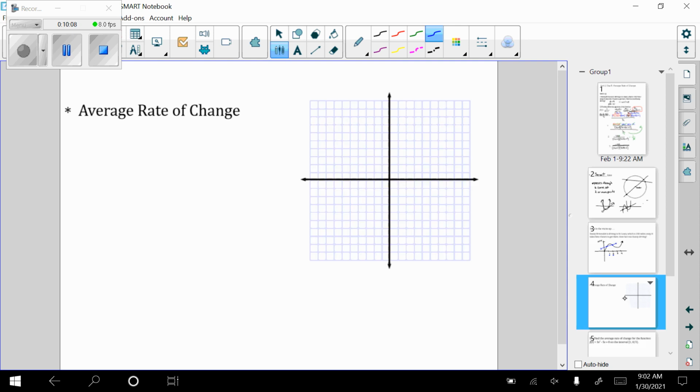If we put that on a graph, the average rate of change is basically the slope of the secant line to the curve. So if I was to draw a curve here, I'll make it go through some nice points for you.